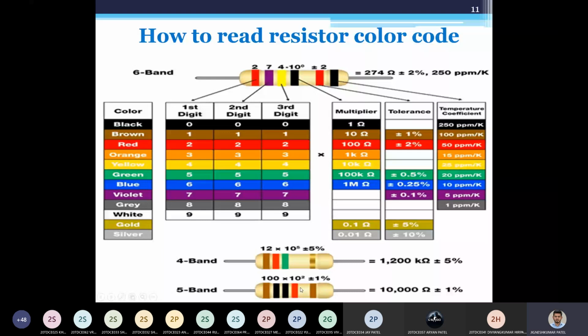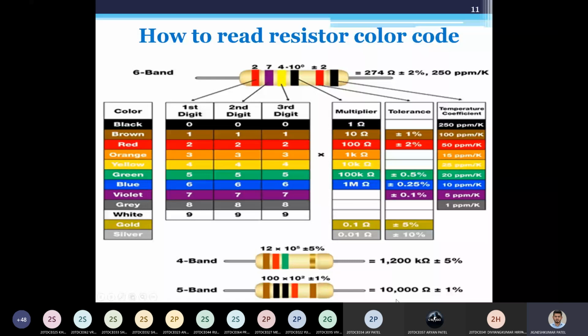So here the multiplier is red, that means it is 10 to the power 2. I'll write 10 to the 2, plus or minus 1% from this information, which is brown. The overall value would be 100 into 10 to the power 2, which is 10,000, or you can say 10 kilo ohm resistance.